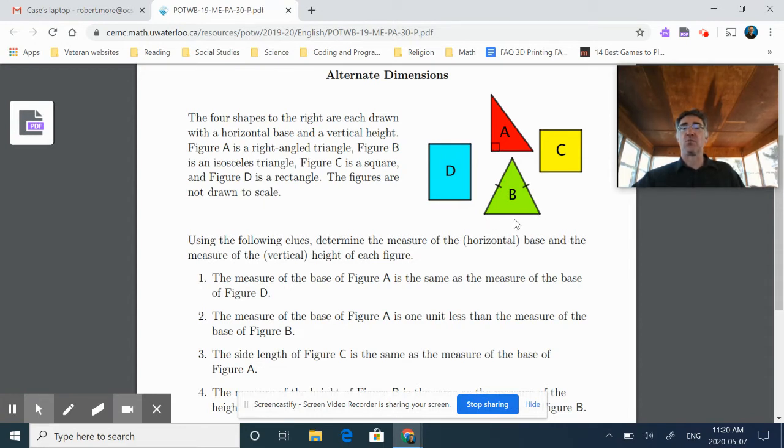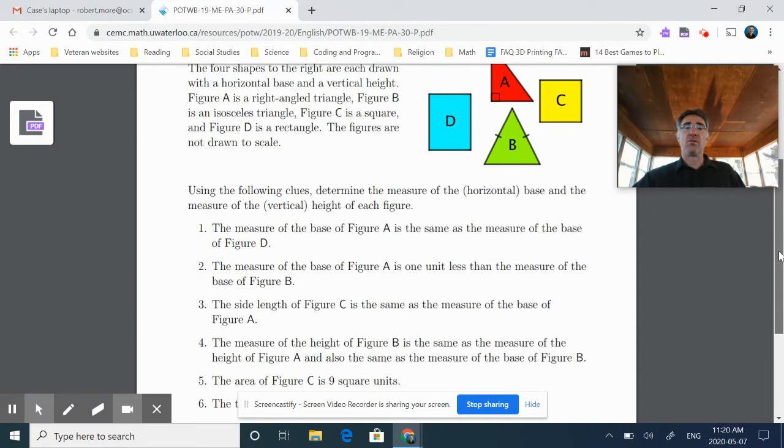So if this base was, for example, 4, these are going to be 3. The side length of figure C is the same as the measure of the base of figure A. And so we know that all 4 sides of the square are going to have exactly the same measure as the base for A and the base for D.